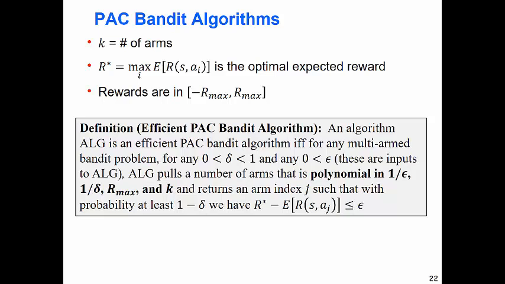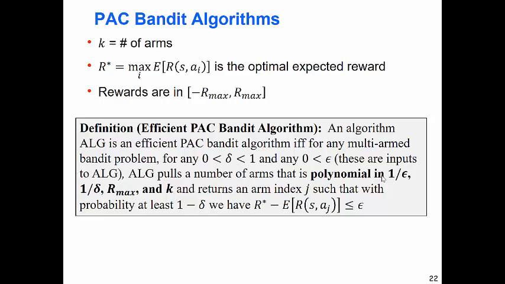Okay? So what we say about this thing being efficient is that the number of arm pulls it can do is polynomial in 1 over epsilon and 1 over delta. So let's first think about why that basically means the number of arm pulls will increase as delta gets small and epsilon gets small, right?